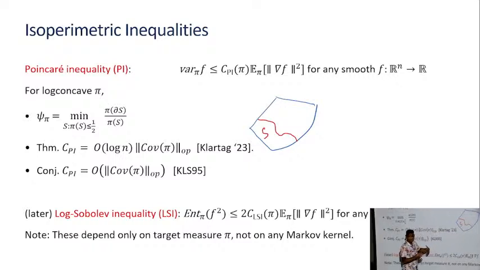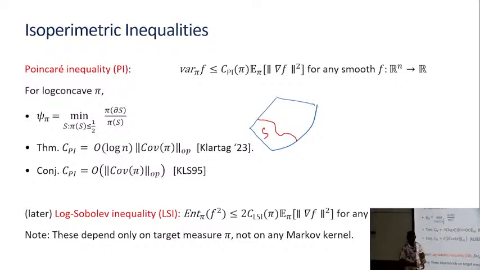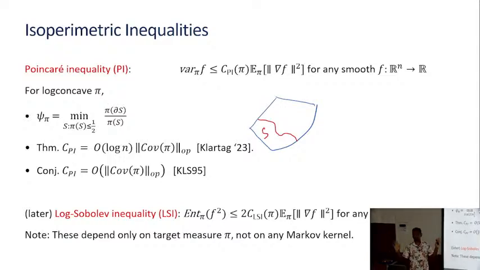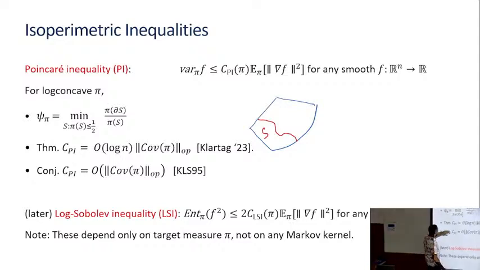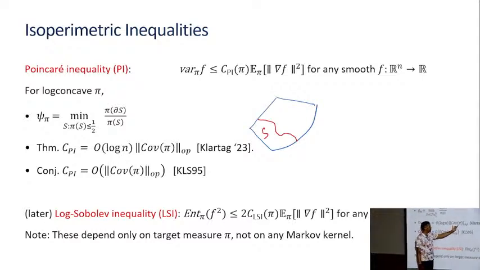The inverse of that minimum is the Poincare constant up to an absolute constant factor. And we now know that the Poincare constant is in fact bounded in terms of something much more concrete, the operator norm of the covariance matrix times log n. The conjecture is that this log n is just a constant.